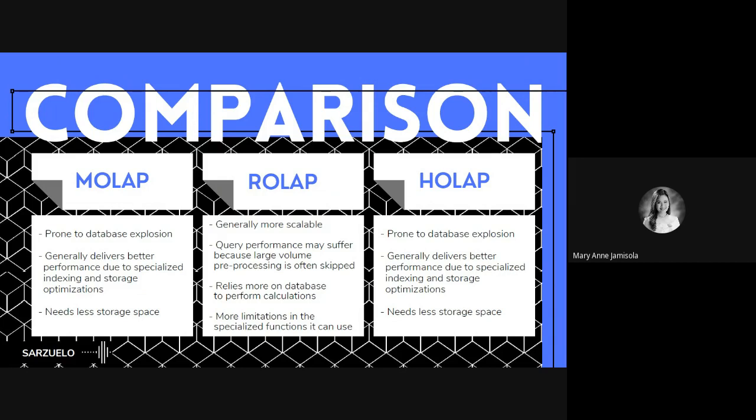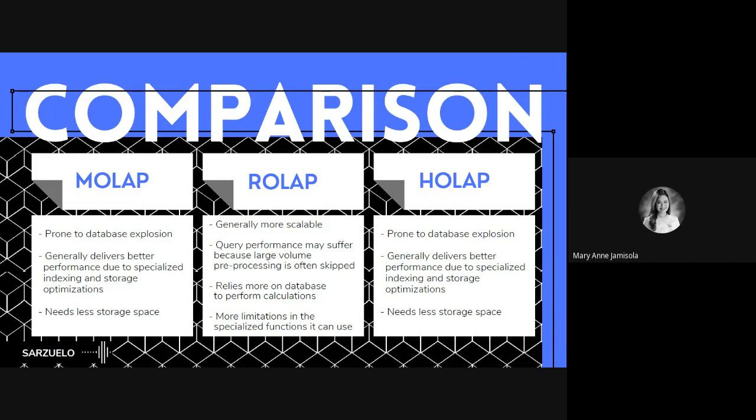ROLAP is generally more scalable. However, large volume pre-processing is difficult to implement efficiently, so it is frequently skipped. ROLAP query performance can therefore suffer tremendously. So, a faster return or answer to the queries is with MOLAP rather than ROLAP.